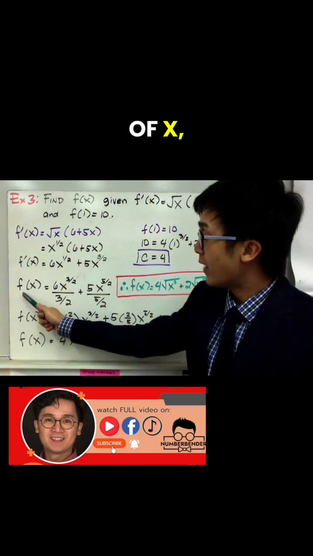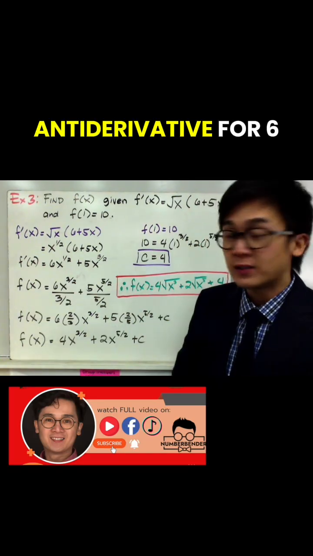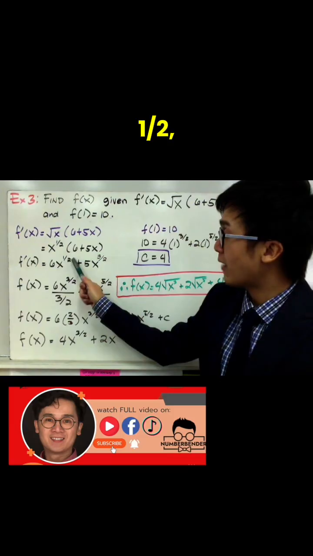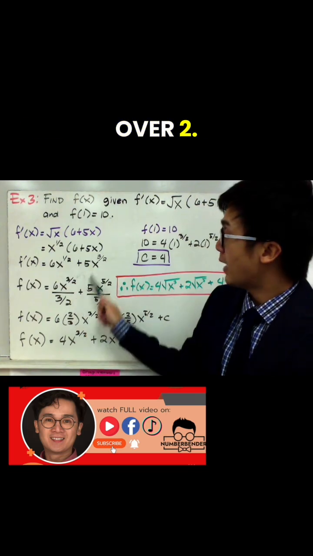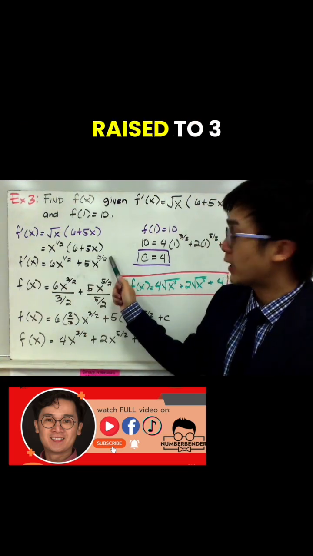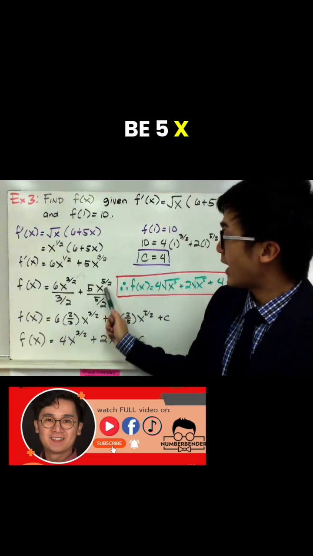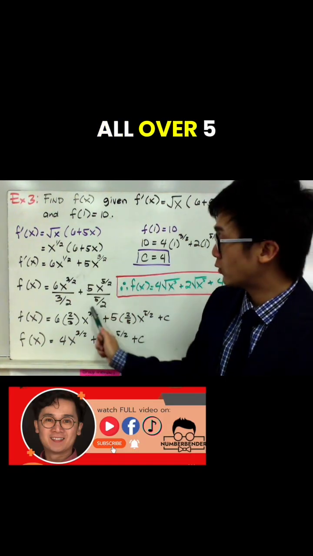Now, for f of x, we have the antiderivative for 6x raised to 1/2, which is 6x raised to 3 over 2 all over 3 over 2, and the antiderivative for 5x raised to 3 over 2 will be 5x raised to 5 over 2 all over 5 over 2.